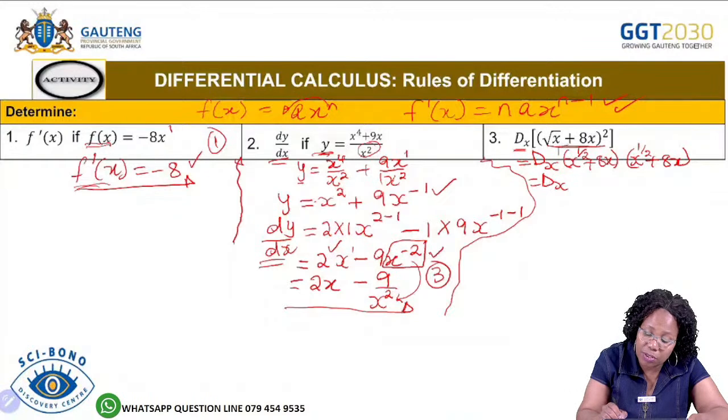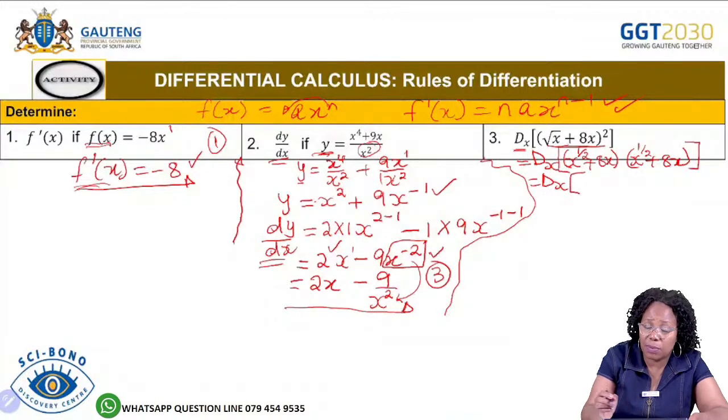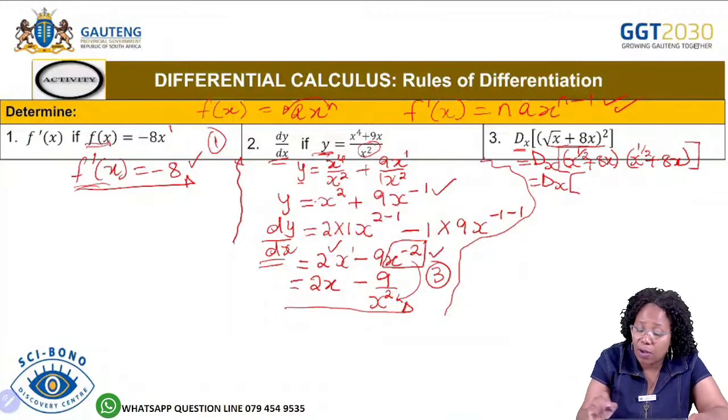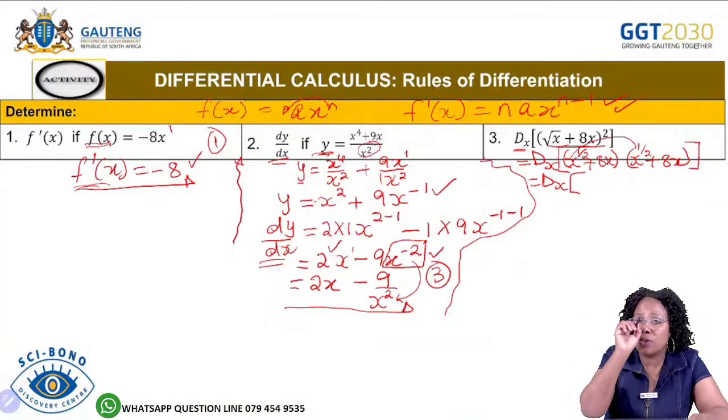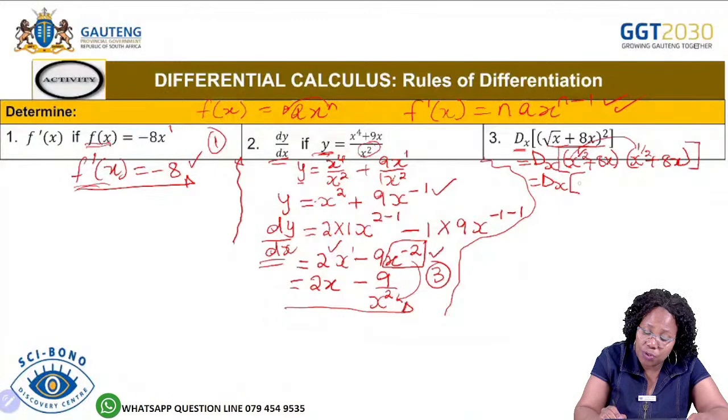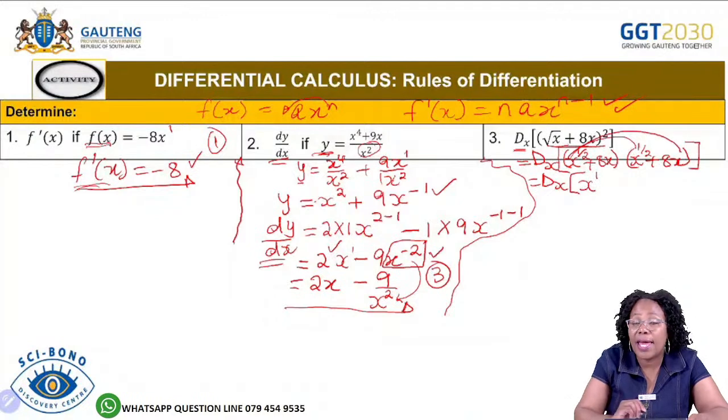It must not disappear. When you are simplifying, that d/dx must always be there. Now let's start multiplying. Is x to the power half times x to the power half. Multiplying the same base, you add exponents. That means it will be x to the power half plus half, it's 1. And then is x times 8x. And then 1 times 8, it will be 8.